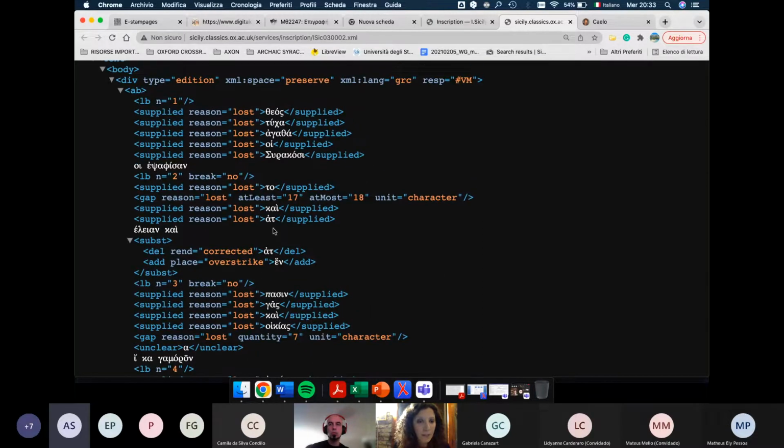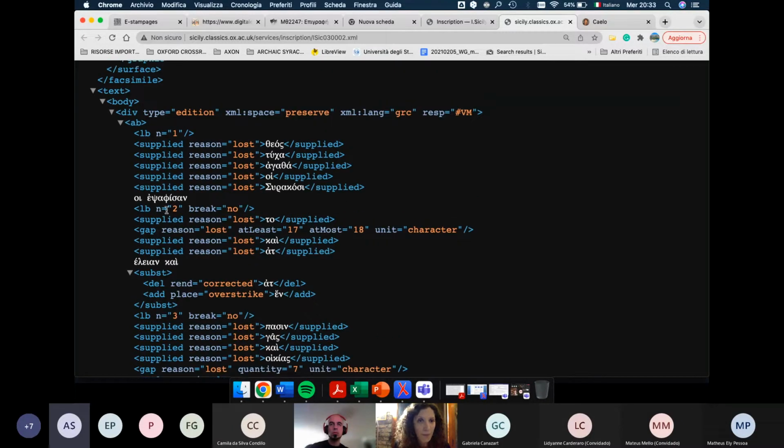Or, for example, here I'm tagging that there is a break in the inscription. So after this word, epsaphisan, the text goes down.